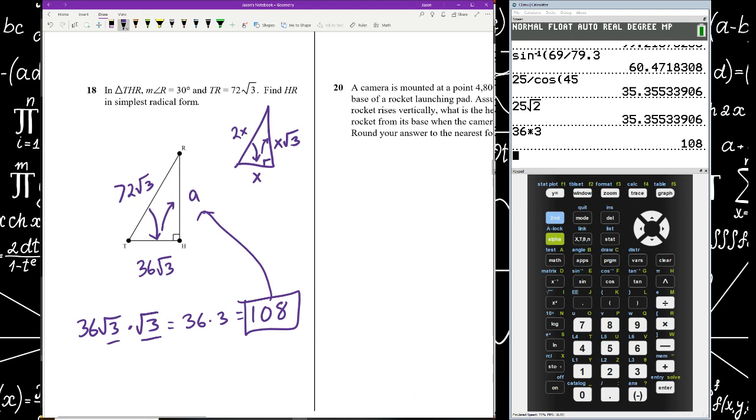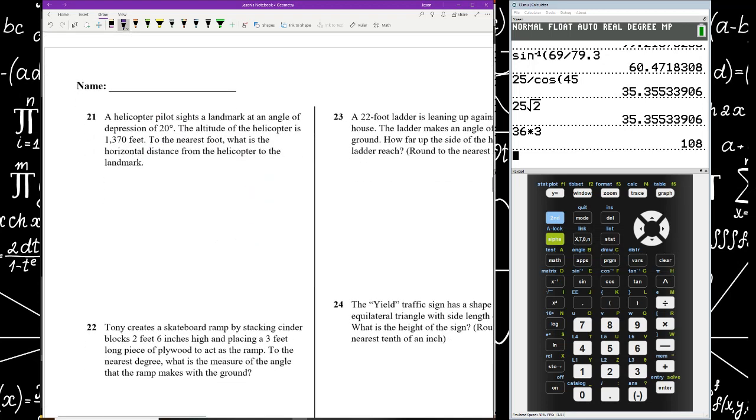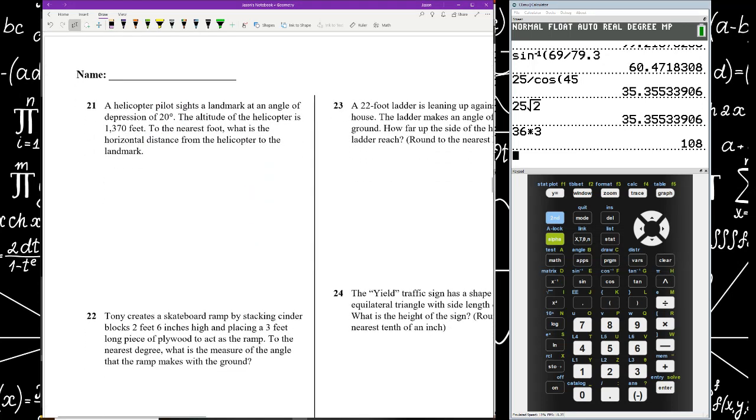Alright, we're going to skip numbers 19 and 20, and we're going to move down to number 21. It says a helicopter pilot spots a landmark at an angle of depression of 20 degrees. The altitude of the helicopter is 1370 feet. To the nearest foot, what is the horizontal distance? So anytime you see angle of depression, we want to draw a triangle in the sky.